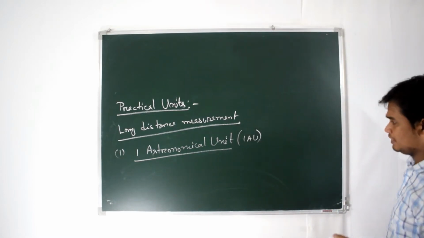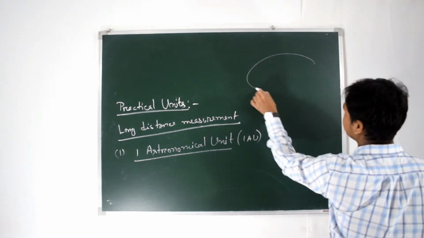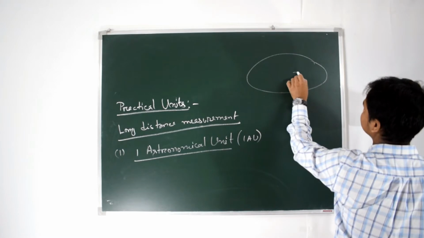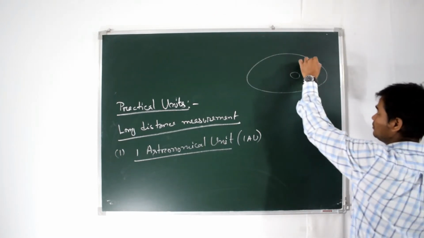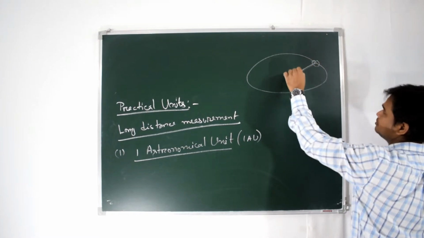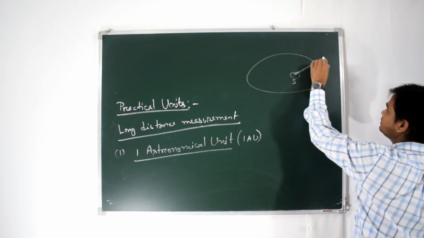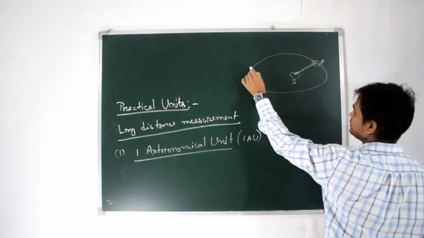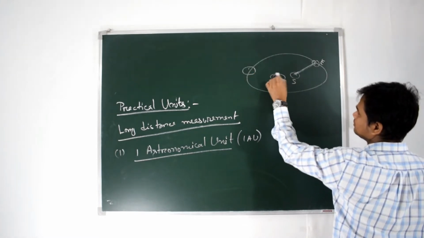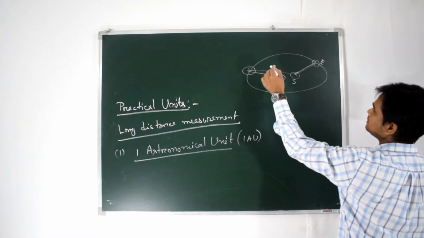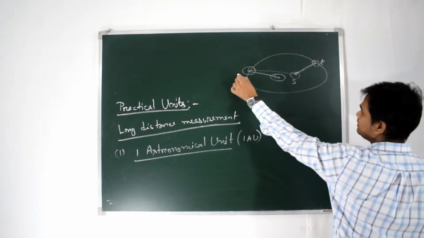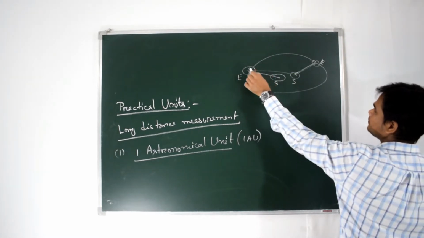What is 1 AU? We know that the Earth is moving around the Sun in an elliptical path. Therefore, this is the Sun, this is the Earth, and this is the distance between Earth and Sun.